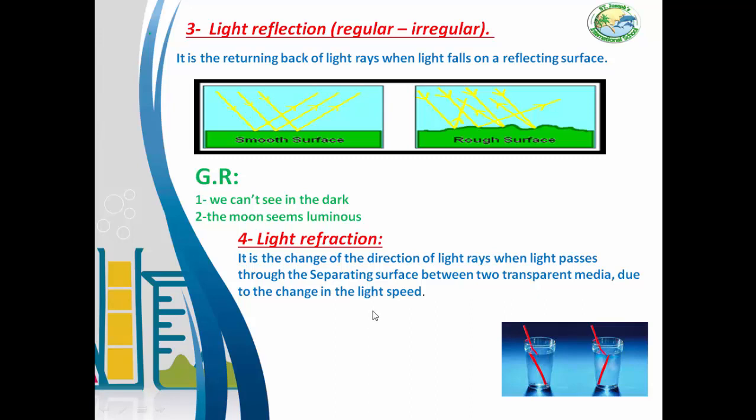Due to the change in the light speed. Give reason: the pen seems broken when you put it in a transparent cup of water. The answer is due to light refraction. You have to study the definition of light refraction.